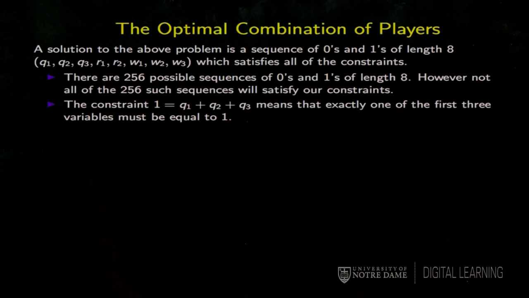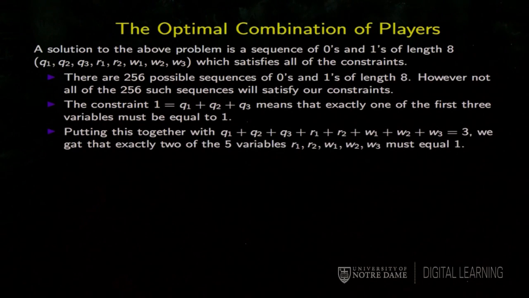The constraint that 1 equals Q1 plus Q2 plus Q3 means that exactly one of those first three variables can equal 1. So for example, Q1 equals 0, Q2 equals 0, Q3 equals 0 is not allowed. And putting that together with the second constraint that we have exactly 3 players chosen, we get that exactly 2 of the remaining 5 variables must equal 1.